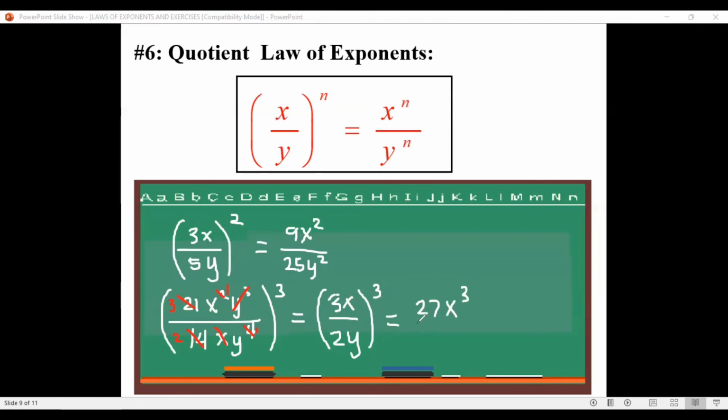While 2 multiplied by itself 3 times, that's 2 times 2 times 2, becomes 8, and then y raised to the third power. So again, we have the answer, which is already in simplified form.